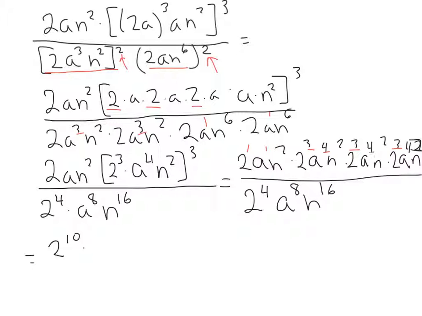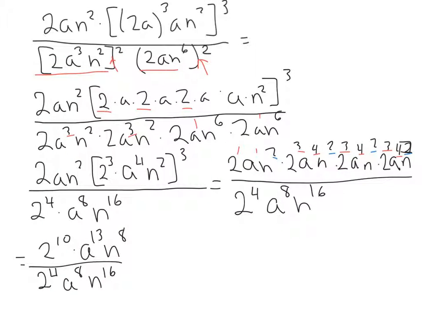So that's 5, we have 4 more, that's 9, and 4 more is 13, so that's going to be a to the 13th. And if we count our n's, let's do that in blue, we have 2, 4, 6, 8 n's, giving us n to the 8th, all over 2 to the 4th, a to the 8th, n to the 16th.